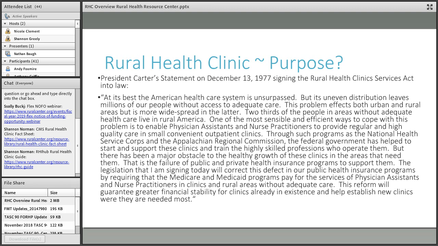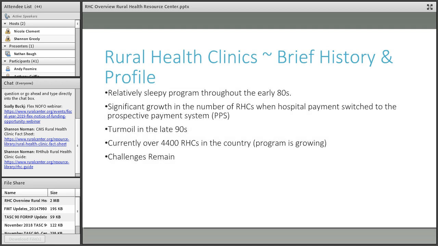Yes, Sally, I think the parallel with the critical access hospital legislation, which came 10 years after this, following the Balanced Budget Act, also recognized that in areas of low volume, there needed to be a different model.